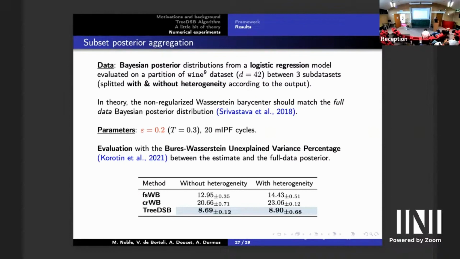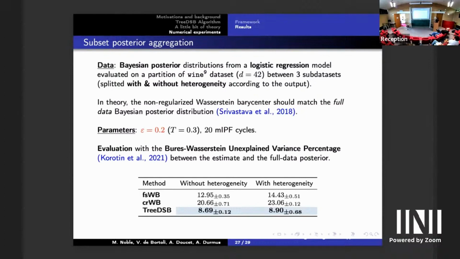And if you compute each posterior for each data set, there is a theorem, also in this paper, which tells you that if you compute the Wasserstein barycenter between each posterior distribution, you end up with the true posterior distribution, the distribution where you gather all your data in one set.